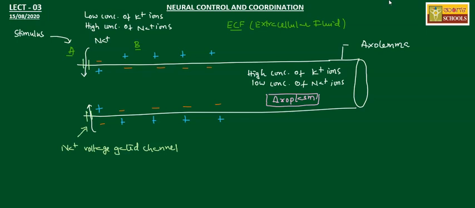Now at this point there is a depolarization of the membrane, and this depolarization of the membrane is what we call the action potential. Suppose this is the action potential.